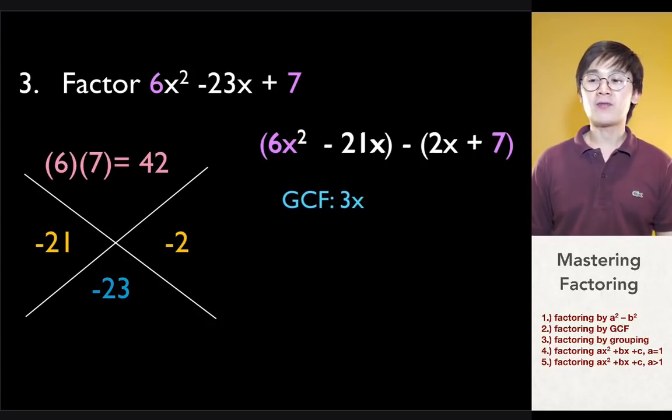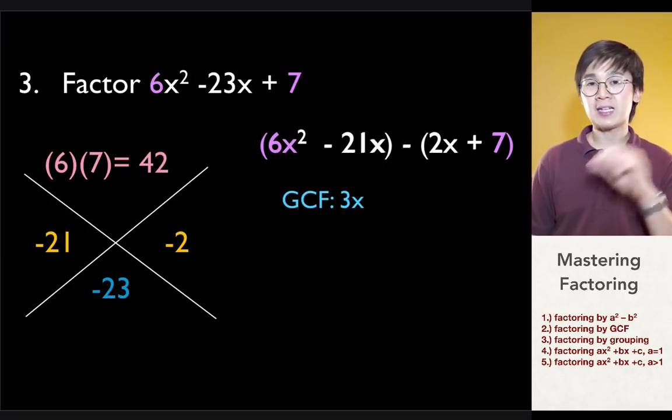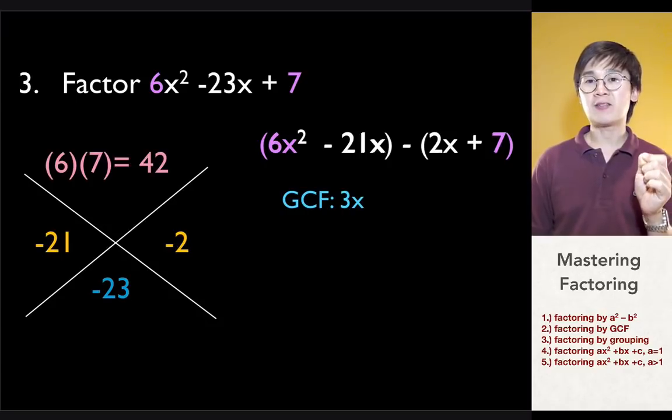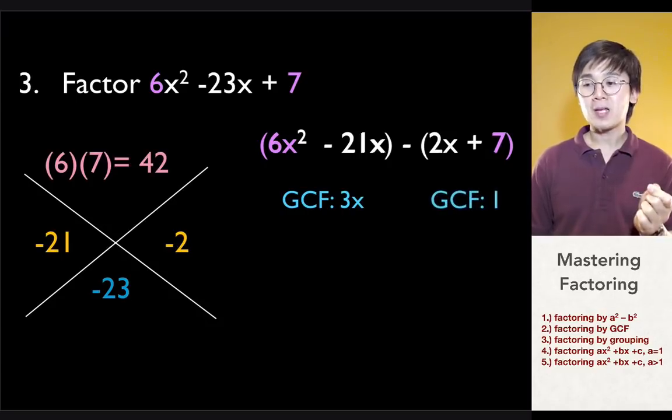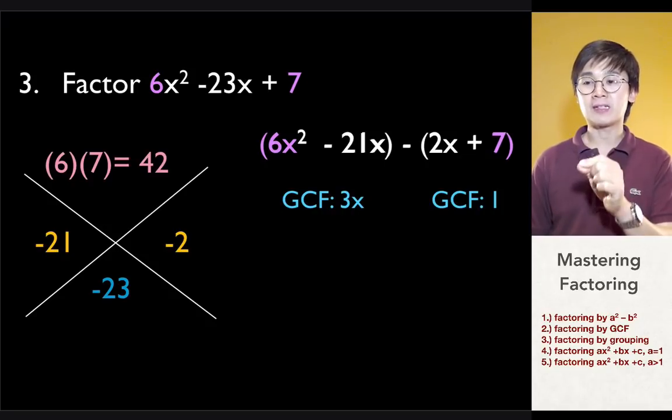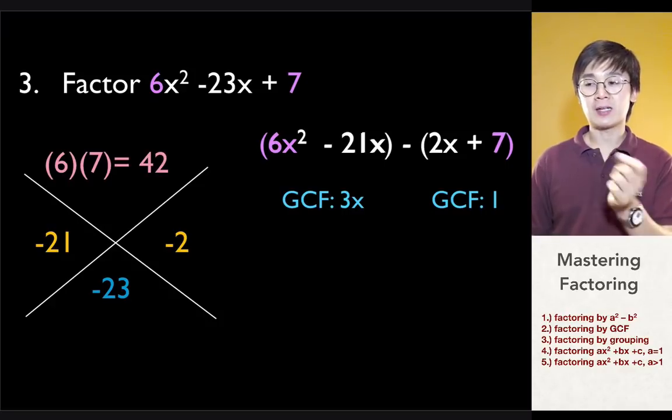But the GCF of the second group, which is negative 2x plus 7, we always want to get rid of the negative in the leading term. So the GCF should be equal to negative 1. So when you have a GCF of negative 1, if you divide negative 1 to negative 2x and positive 7, you will end up with 2x minus 7.